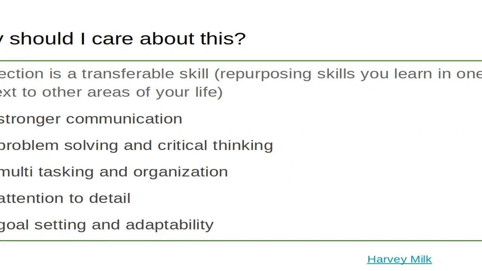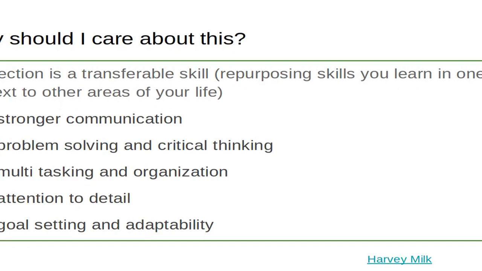And so reflection, like writing, like communication, is a transferable skill. What a transferable skill means is that you are repurposing skills you learn in one context to other areas of your life. So for example, if you are taking a math class and you have to solve a problem, you might take those problem-solving skills and then use them when you work at Dunkin' Donuts over the summer and you are trying to make so many drinks at once.